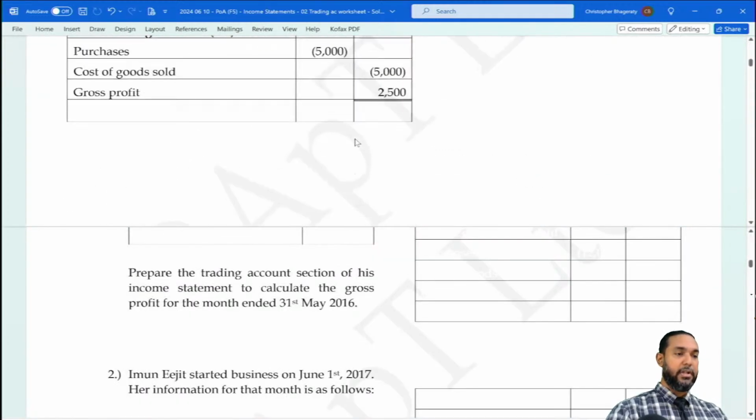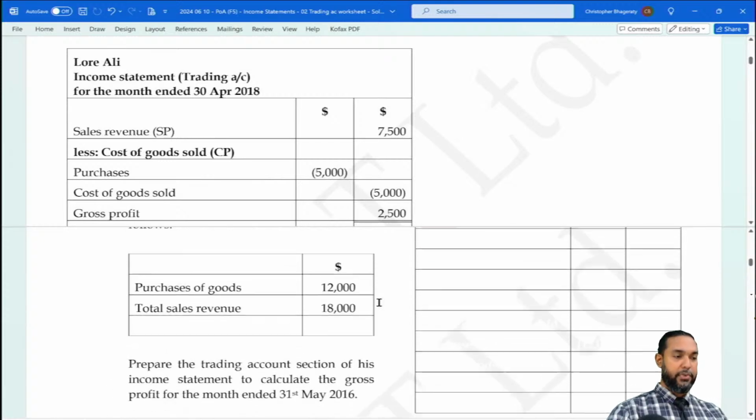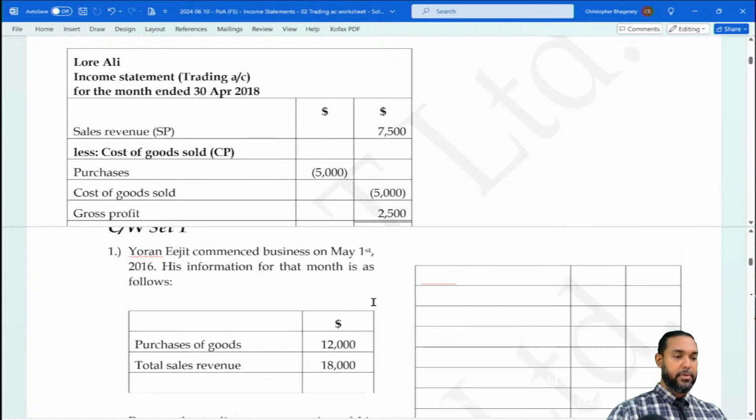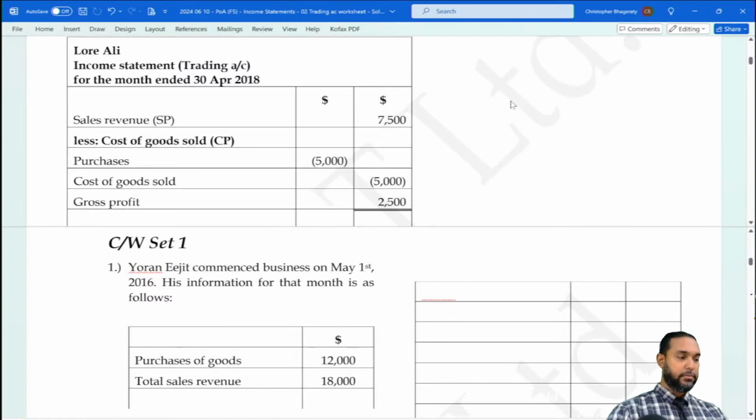I'll put the example I have on the top here, and I'll put the question you're doing down here, right? So that's you're in Egypt.